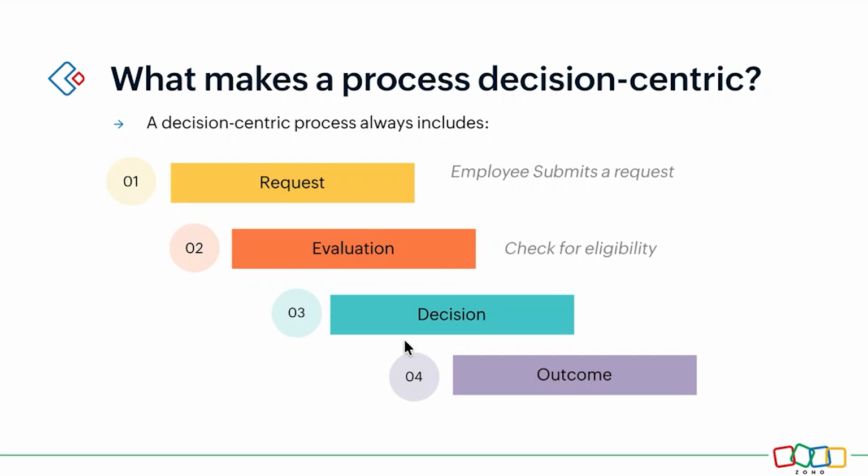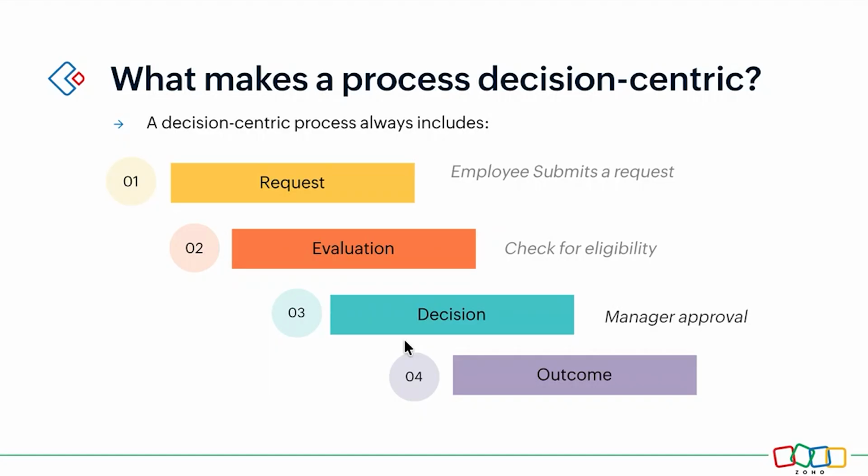If the eligibility and the budget checks are true, we can automatically approve it, or we can go into the approval process, where the manager checks the evaluation and the request submitted by the employee, and decides whether to approve or reject it.